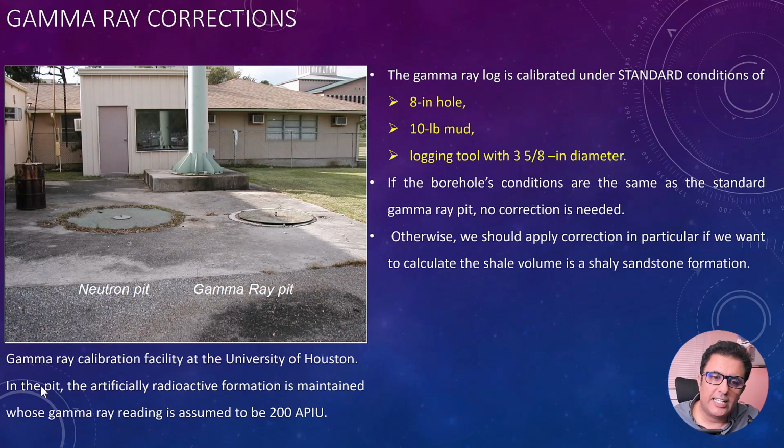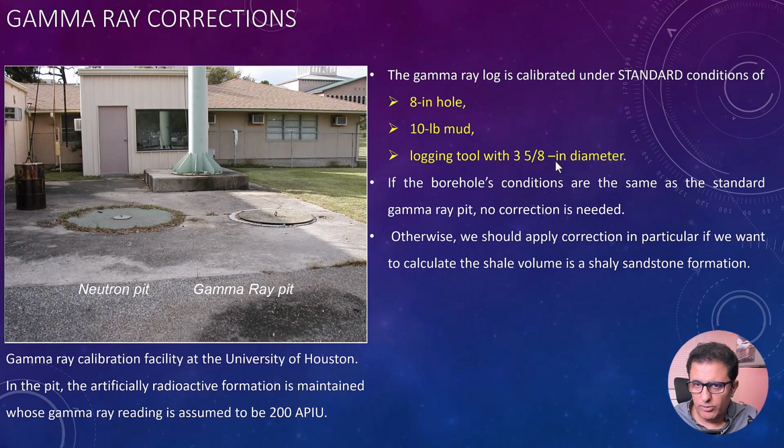As I mentioned, there is a calibration facility at the University of Houston in Texas, and there are some standard conditions to calibrate gamma ray logs. The standard condition is that the borehole has a diameter of 8 inch, the weight of the drill mud is 10 pounds, and the logging tool that is used for calibration should have a diameter of 3.5 inch.